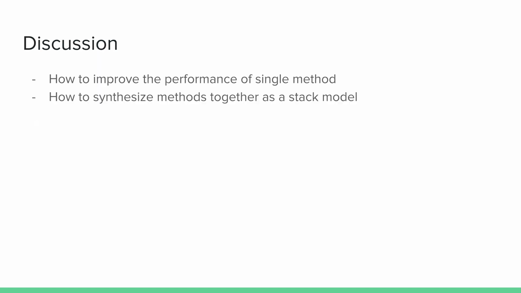And here's a discussion. We want to know how to improve the performance of a single method. For regression, since we convert many categorical data into numerical data, this kind of transformation has some impact on the model. If we can think of a better way to process categorical data, we may improve the performance of our regression model.